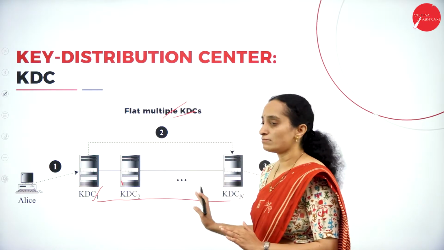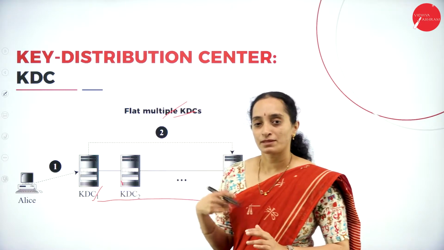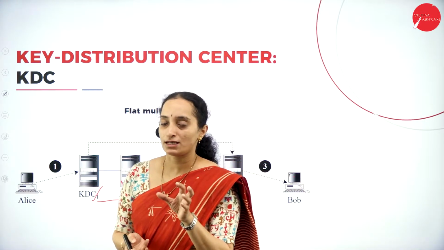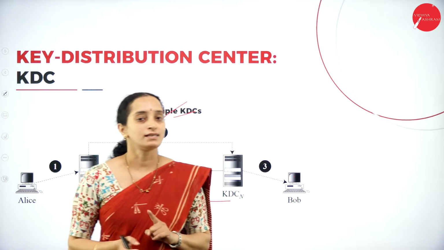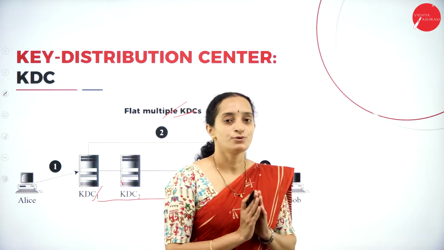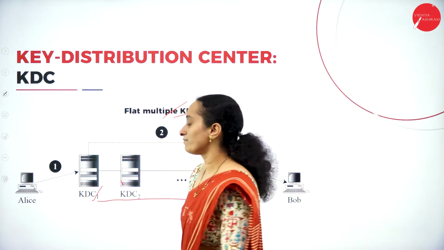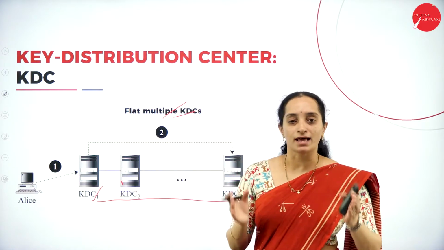This involves multiple KDCs. The previous one was the basic concept with only a single KDC. How does it work? Okay. Along with that, this is in a similar area.